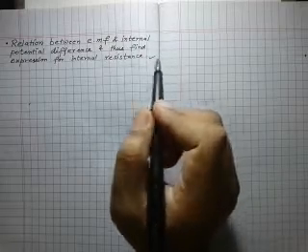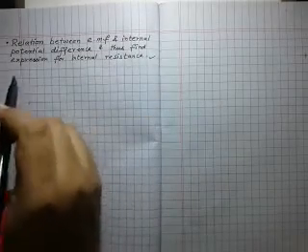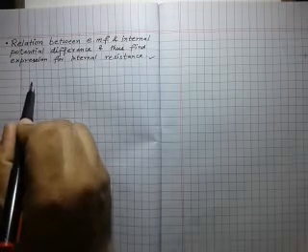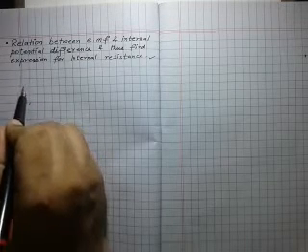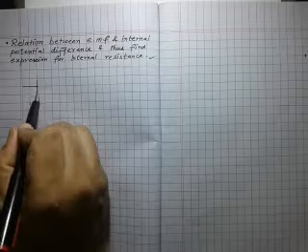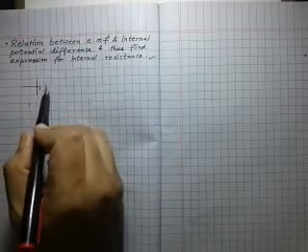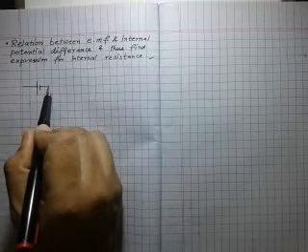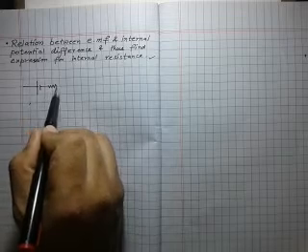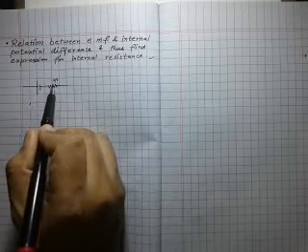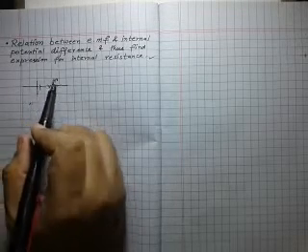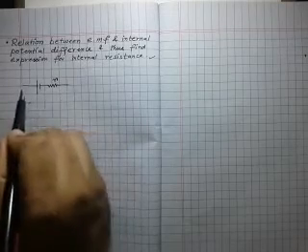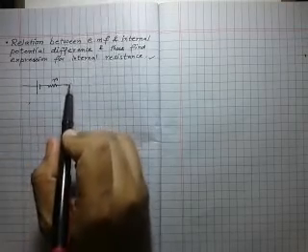So we'll draw a diagram first. In this diagram you can check it out. So this is the r. This r is called internal resistance, and then there is a key.